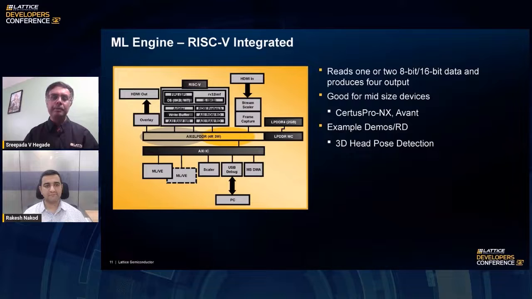It does not require any processor. It's not a co-processor architecture. It is on its own and can implement the application. But we can introduce the RISC-V to enable more control path, basically managing the data movement from the camera modules, or doing some scalar operations, right? That's one way of using the RISC-V.